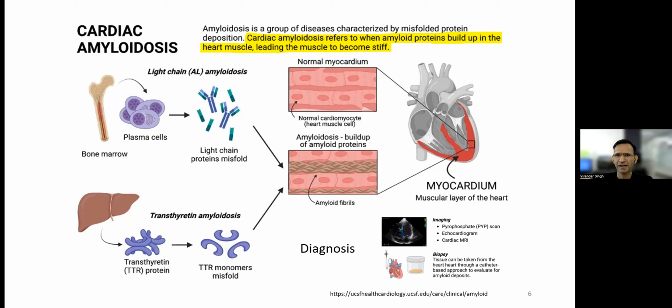Cardiac amyloidosis, which again refers to buildup of amyloid proteins in heart muscles, is mostly linked to light chain amyloidosis and transthyretin amyloidosis. Today, I'll be talking about transthyretin amyloidosis, but in future, our lab is also working on light chain amyloidosis, and maybe you'll see updates on it from other colleagues.